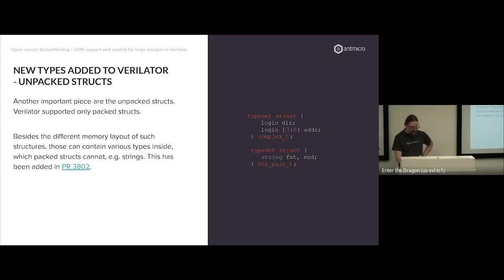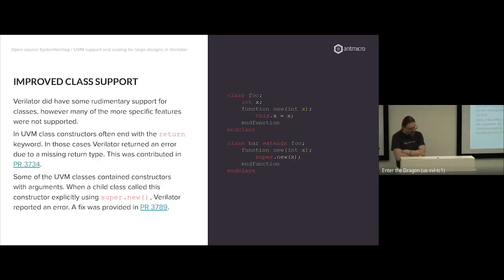We've been adding new types like unpacked structs. Unpacked structs kind of worked, but they actually just behaved like packed structs underneath without telling you. So to properly support them, we had to add proper support, not just a fallback. We improved support for classes, where some rudimentary support was there, but there were quite a lot of issues we had to polish, and now it's much better.